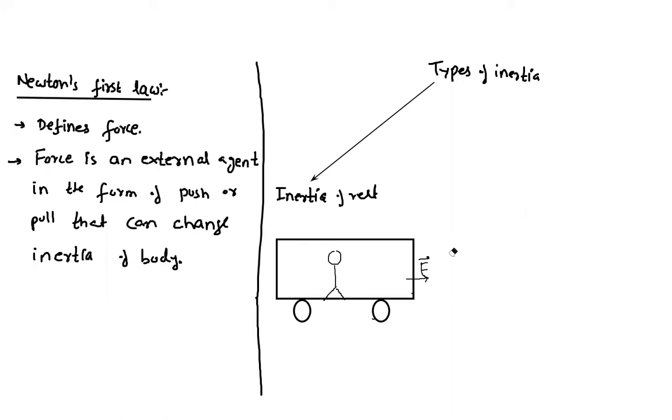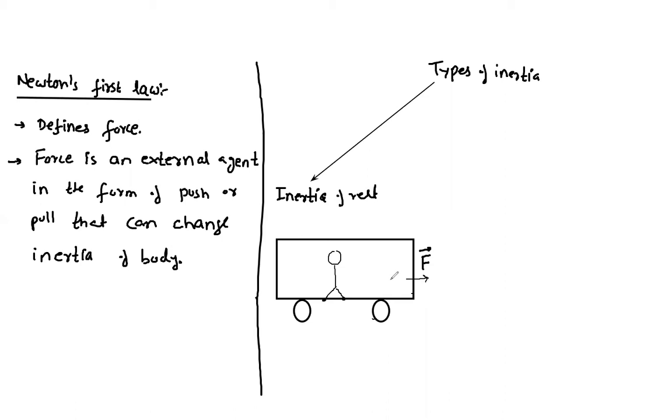As soon as the engine applies force on the bus, it comes in motion, means the bus overcomes its inertia of rest due to this external force. That force also acts on this man standing on the bus.